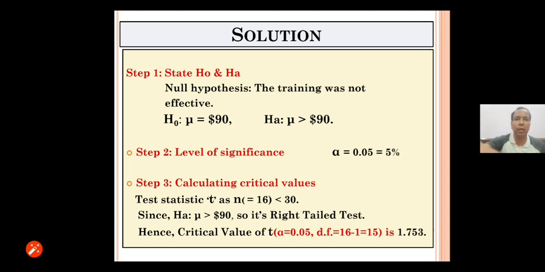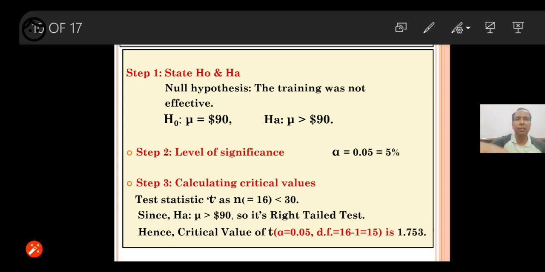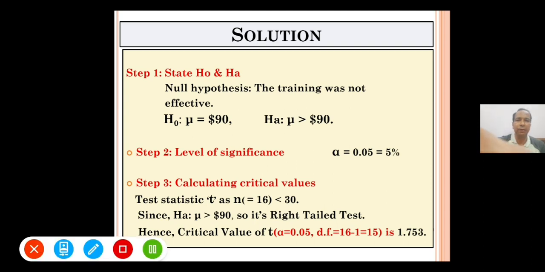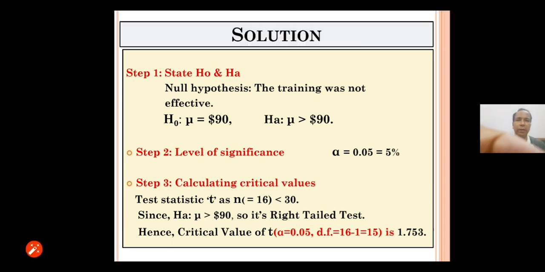Against that, the alternative hypothesis is mu is greater than 90. In step 2, we state the level of significance that is given to us, and that is 5%.